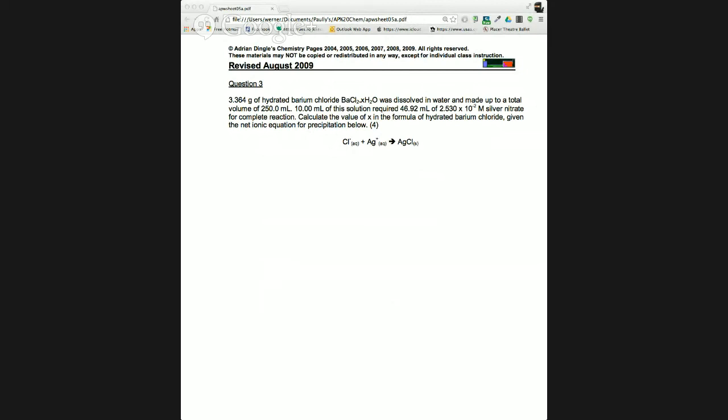You take 10 milliliters of that solution and react it with silver nitrate, and you find out exactly how much silver nitrate it takes, and then you can work backwards from that to give the actual ratio.